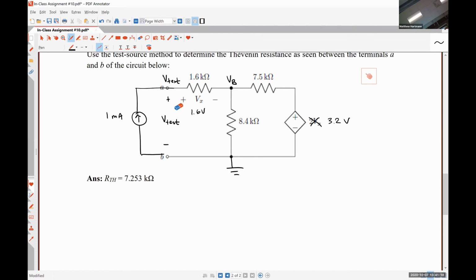All right, so if I apply Kirchhoff's current law at the V-test node, what I get is -1 milliamp plus (V-test minus VB) over 1.6 kiloohms is equal to 0.